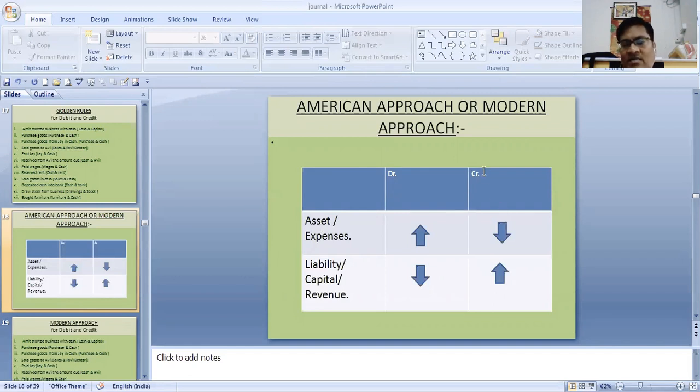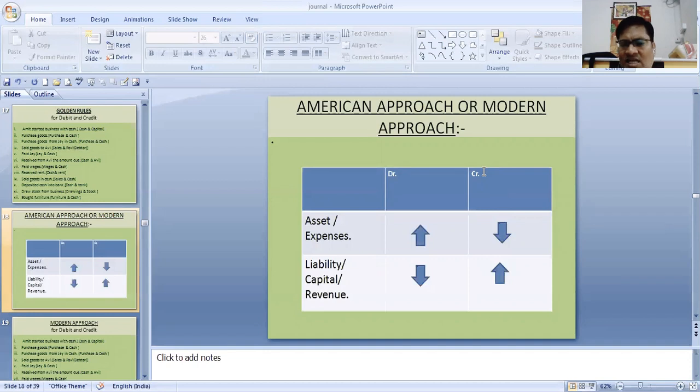So one asset is debited and one other asset is credited. Furniture was increasing in the business because we purchased furniture, and cash is reducing from the business because we are paying cash. So furniture aspect will be debit aspect, and cash aspect, that is cash part, will be credit. So we will be able to easily distinguish between debit and credit.